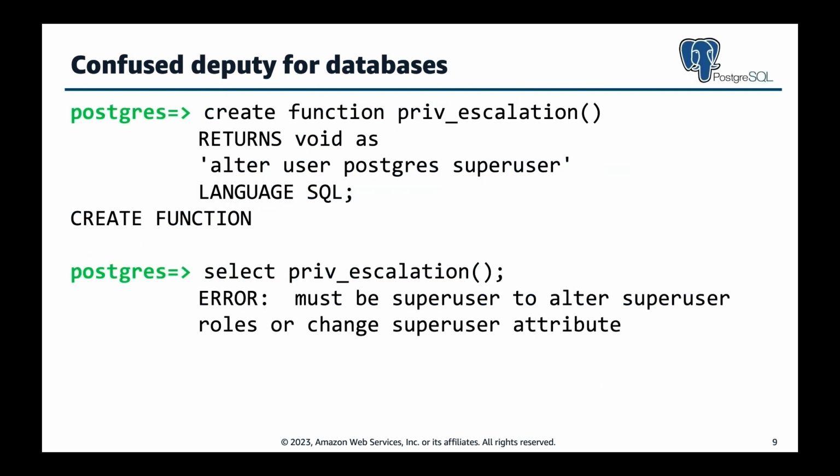So let's take a look at a couple examples here. We have a function privilege escalation, and this is on Postgres. The only thing that this function does is alter the user to superuser. If a non-superuser tries to run this function, it will say, I cannot do that: must be a superuser to alter superuser role.